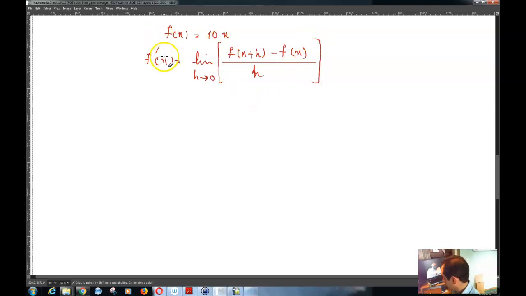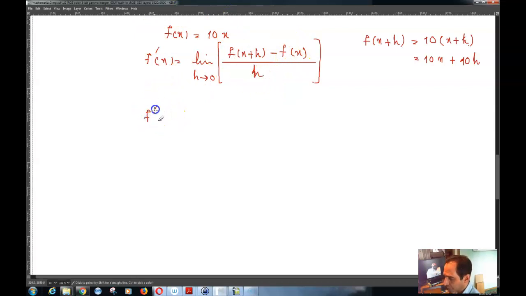So f of x plus h is going to be equal to 10 times x plus h, which is equal to 10x plus 10h, and f of x, you already know what that is.